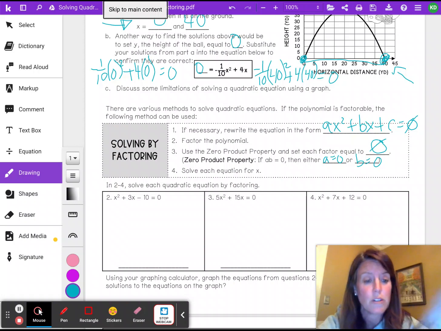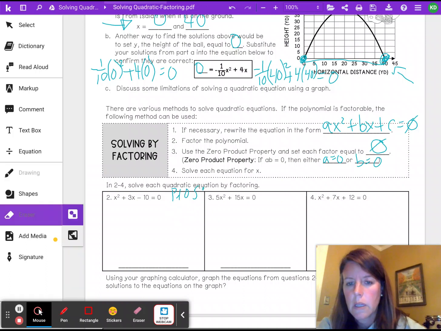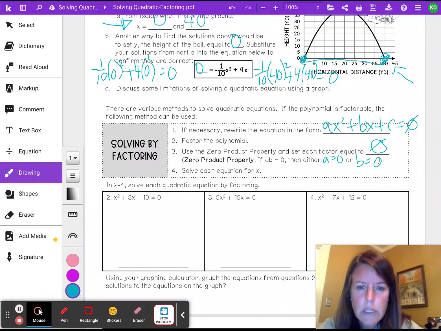Anyway, okay, so let's factor this first. Same thing, sum and product. We have to find two numbers with a product of negative 10 and a sum of 3. So negative 10 and then positive 3.